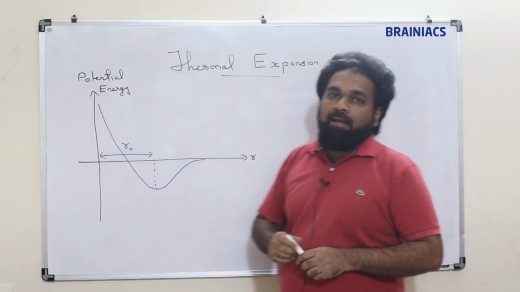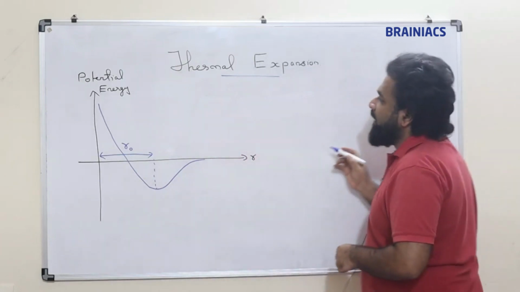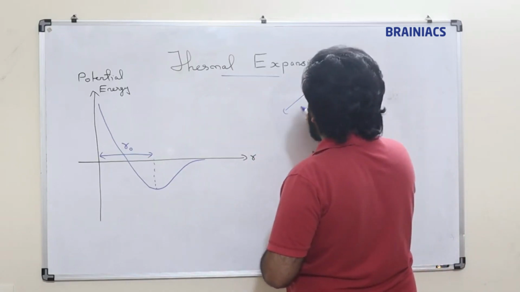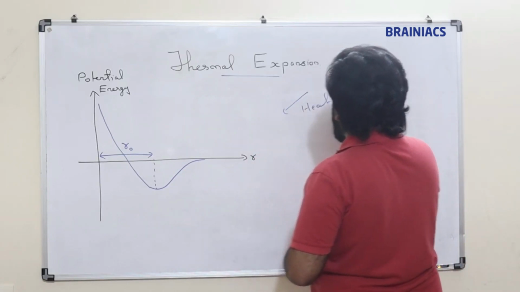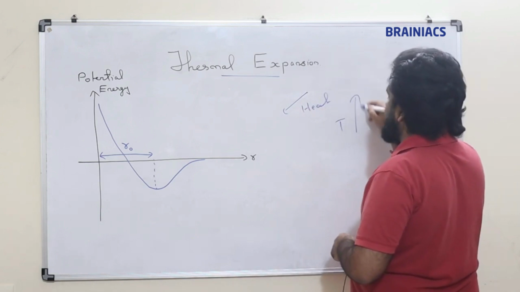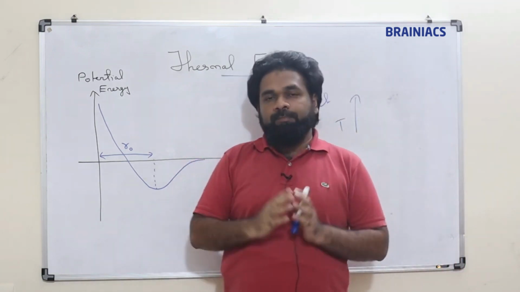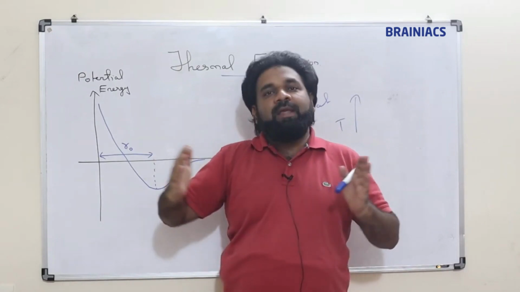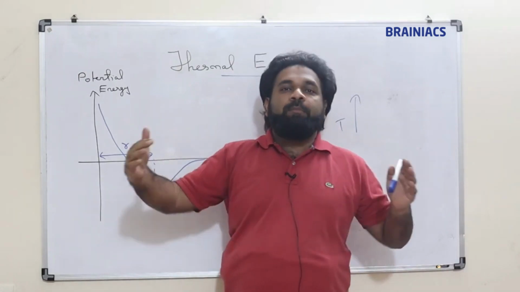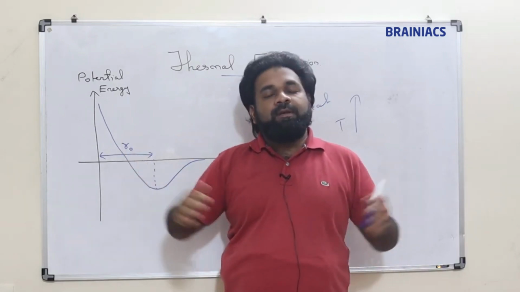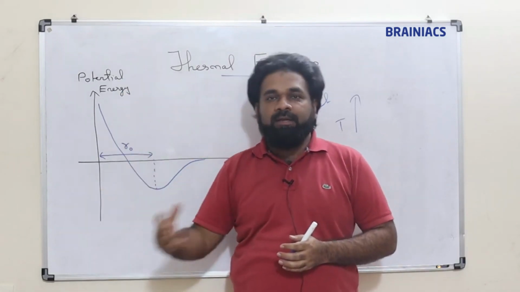So when we increase temperature, that is when we apply heat, what happens is the distance between the atoms, the distance between the molecules will increase, it will expand, volume will increase, density will decrease.